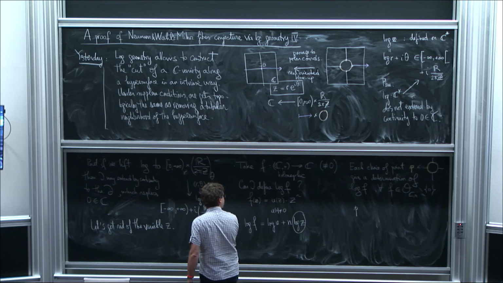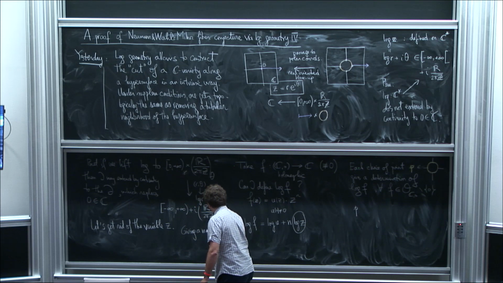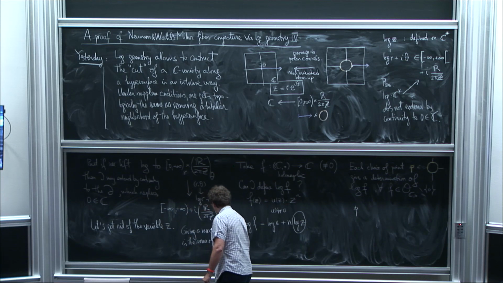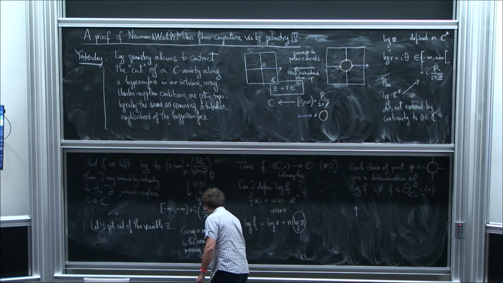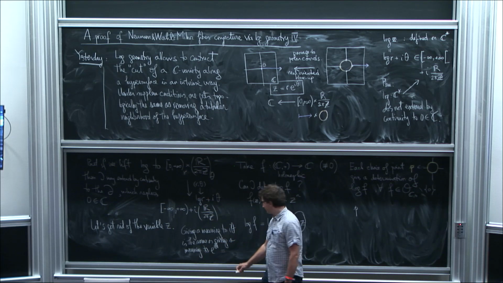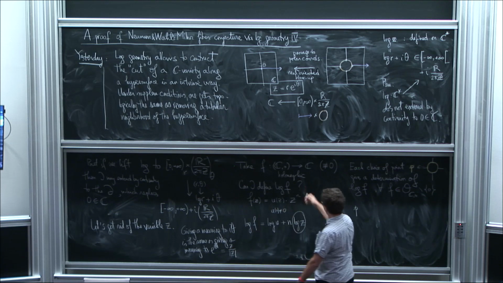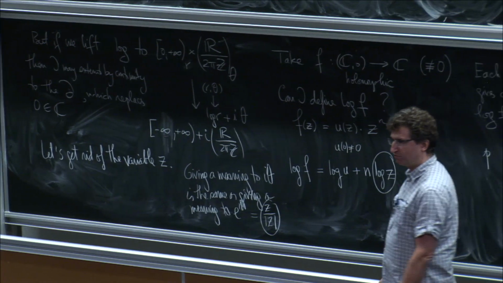So giving a meaning to iθ is the same as giving a meaning to the exponential of iθ. And the exponential of iθ is z over the modulus of z. Or in this generality, you want to give a meaning to f over the absolute value of f.